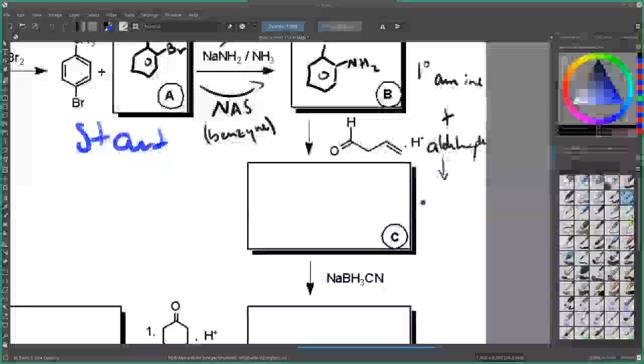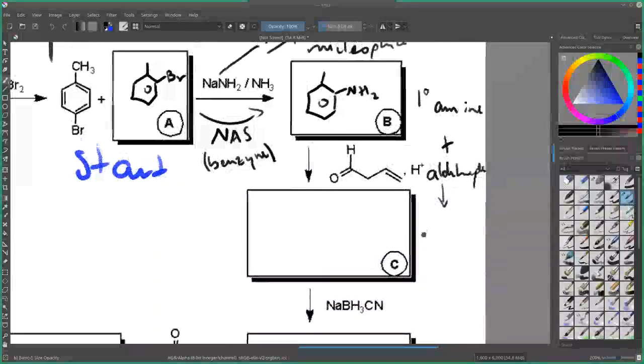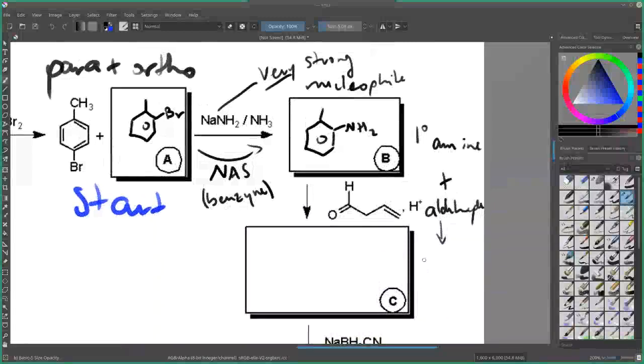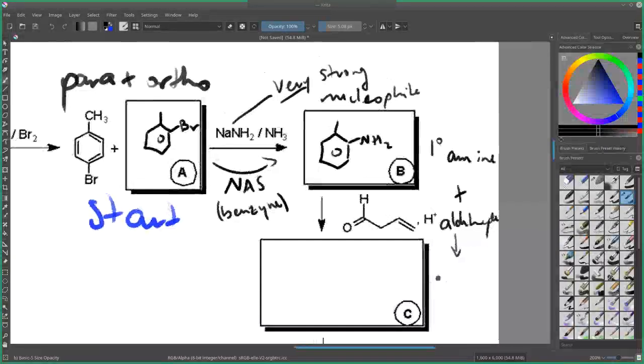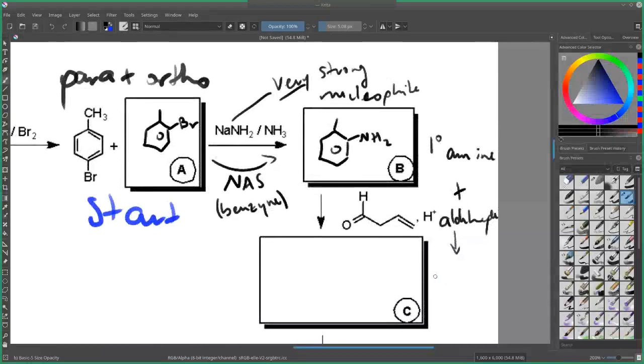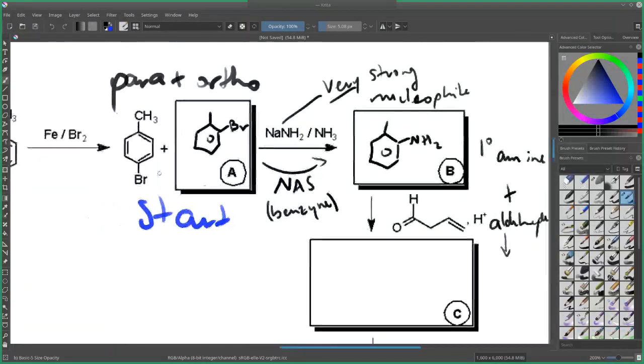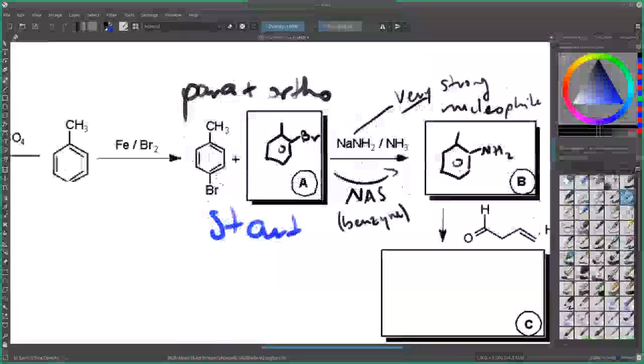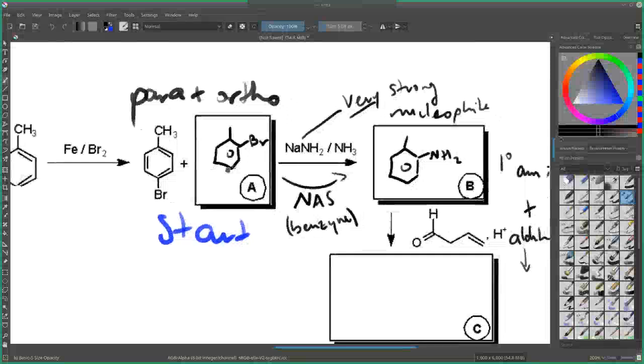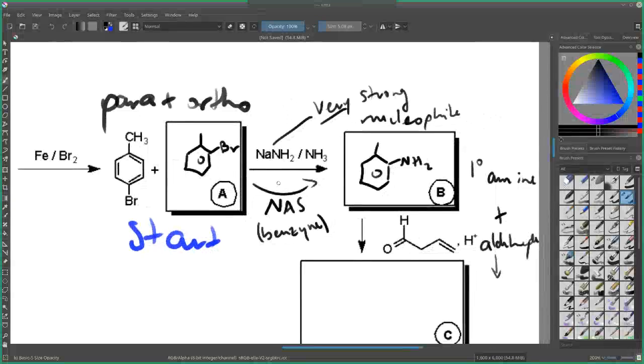Wait, sorry, I have a question on B. Why did we put the amine next to the methyl instead of putting it in a para position? You might have already said that and I missed it, sorry. Here, when we made this brominated thing, we made para and ortho. I just assumed that we were going with the ortho thing.